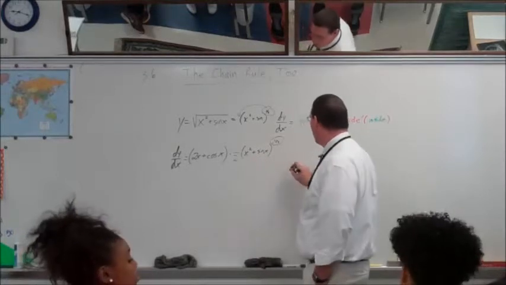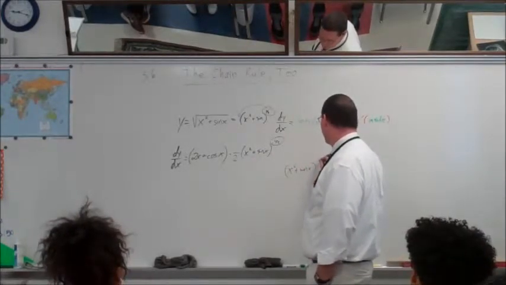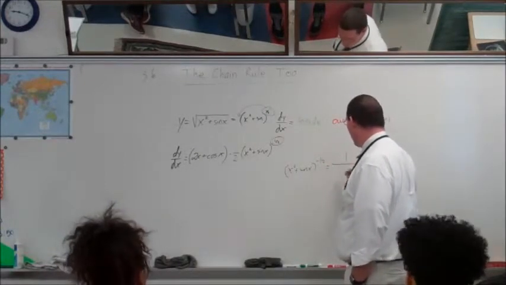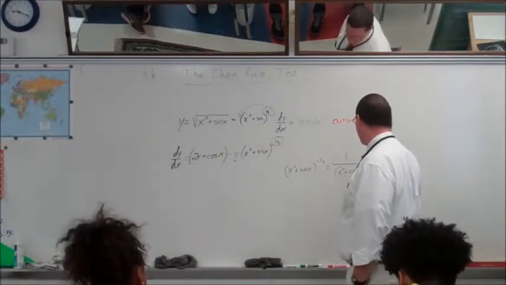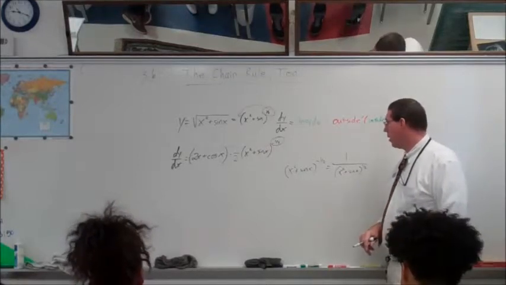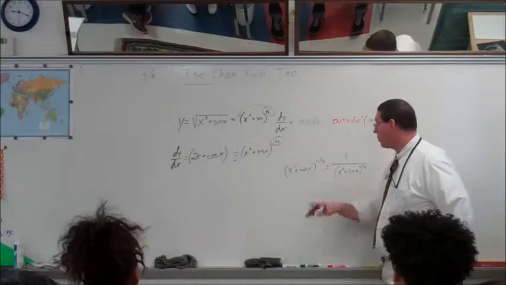Would you agree that x squared plus sine of x to the negative 1/2 power is equal to 1 over x squared plus sine of x to the positive 1/2 power? Yes, but why would you make it negative? Watch this.